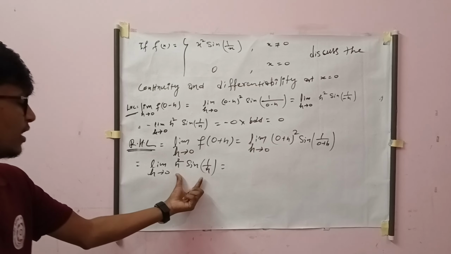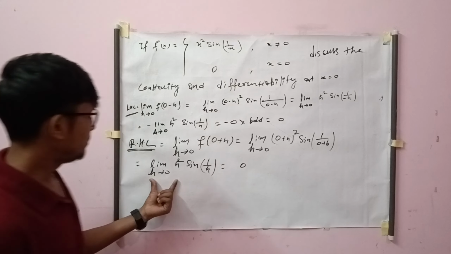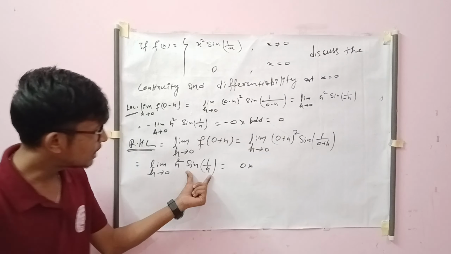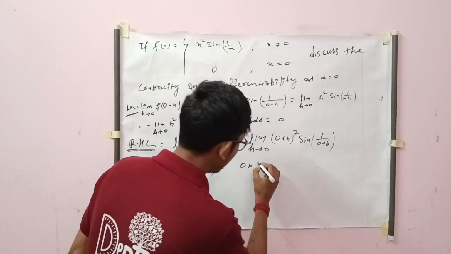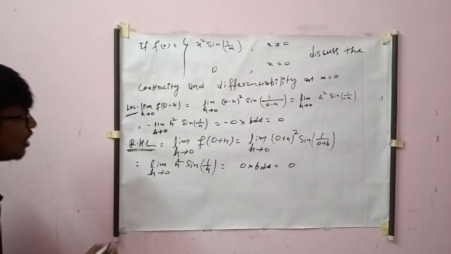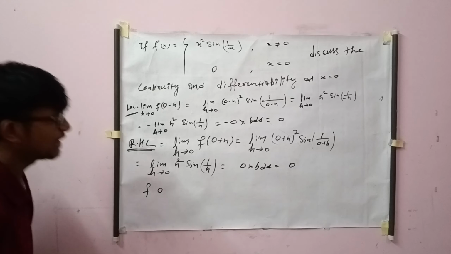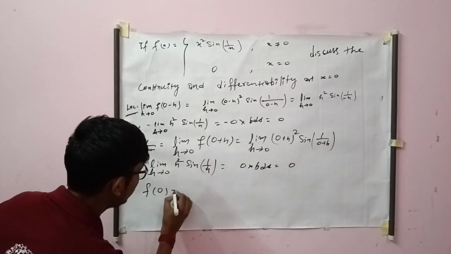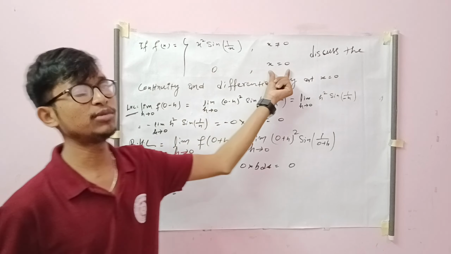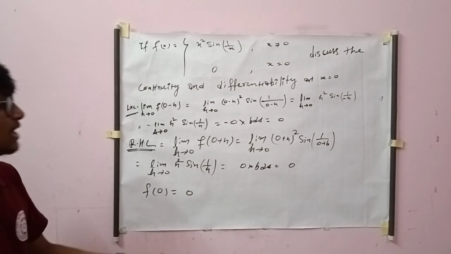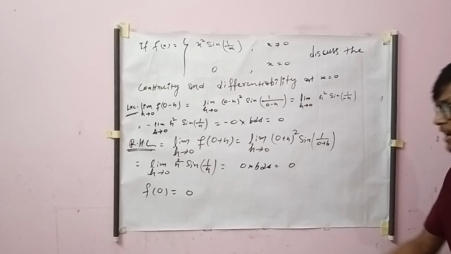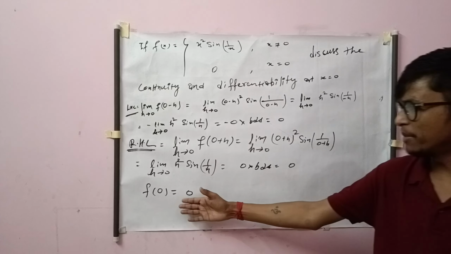Again, h square tends to 0 and sine 1 upon h is bounded, so the limit is 0. The value of the function at x equal to 0, f of 0, is given as 0. So we have seen that the left hand limit and right hand limit are equal, and equal to the value of the function.